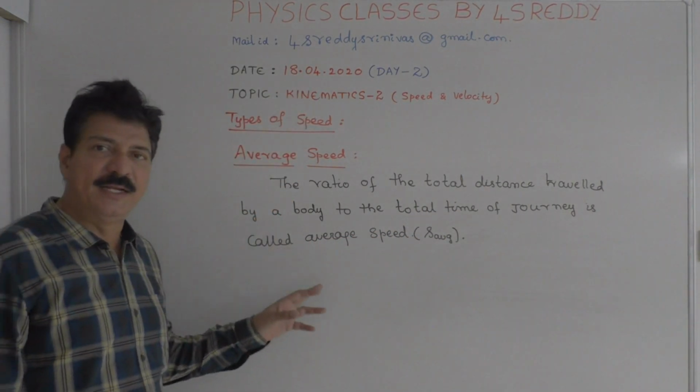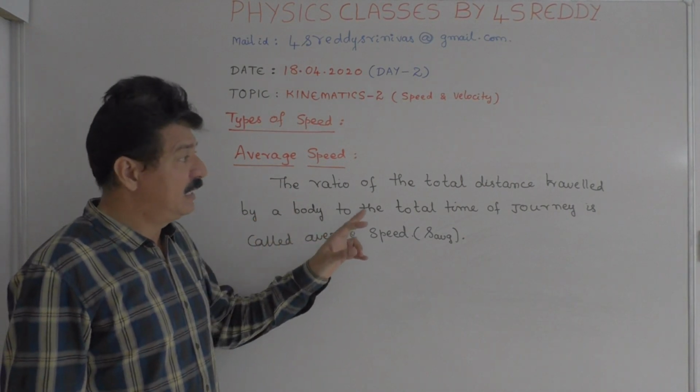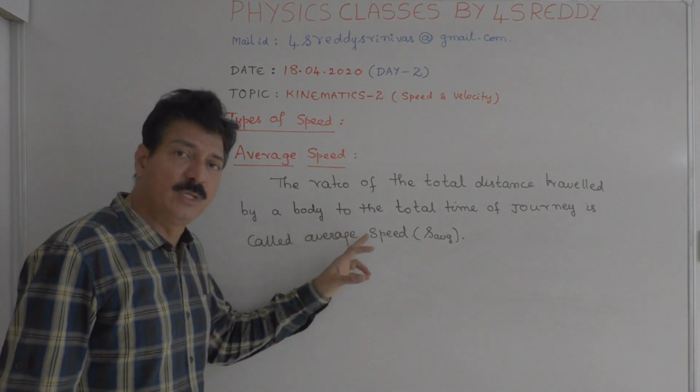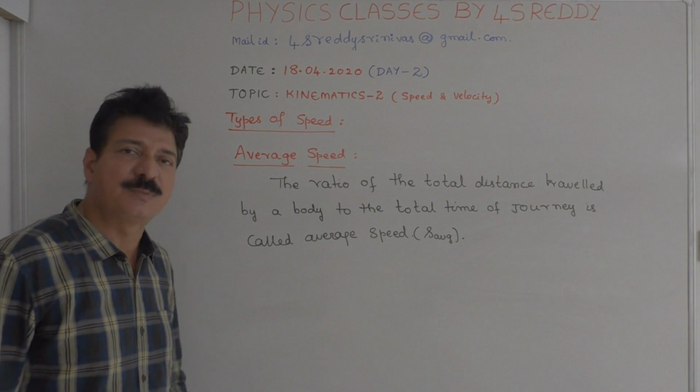So, average speed, that means the ratio of the total distance traveled by a body to the total time of journey, is called average speed.